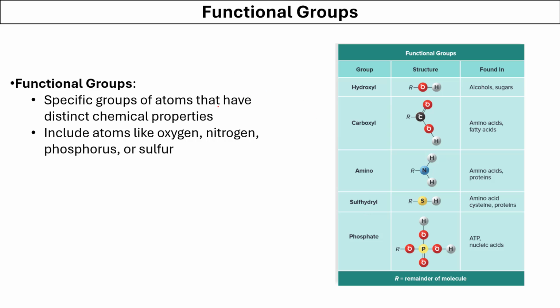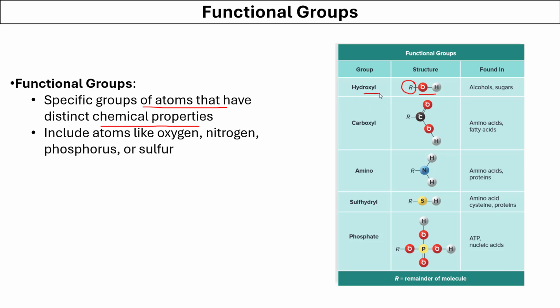There are several functional groups. The functional groups are specific groups of atoms which provide different chemical properties to a molecule. For example, here R would just mean a long chain of C and H. The functional groups are these.